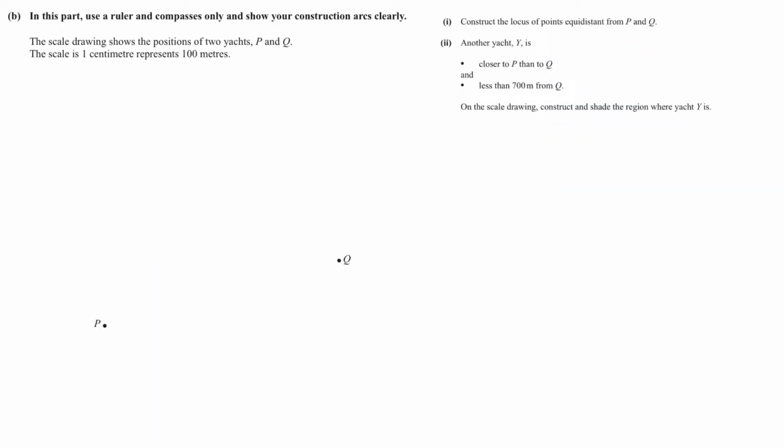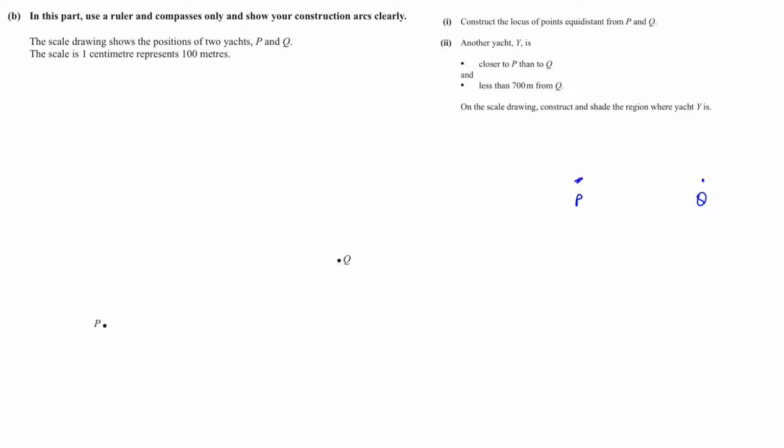In part B, using a ruler and compass, we have to draw the locus of points equidistant from P and Q. Whenever you want to find the locus of 2 points, so this is P and Q, basically you are supposed to find the perpendicular bisector of the line PQ.